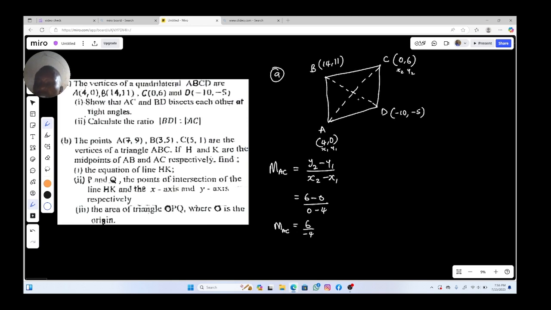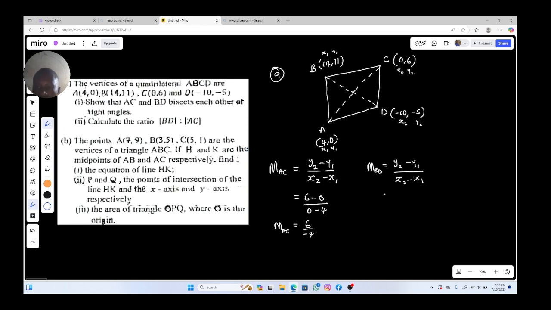Let me get the slope of BD. So M BD is equal to y2 minus y1 over x2 minus x1. Since I'm going from B to D, B becomes x1, y1, and D becomes x2, y2. It will help you to pick or choose.